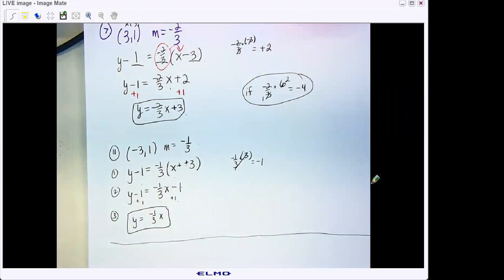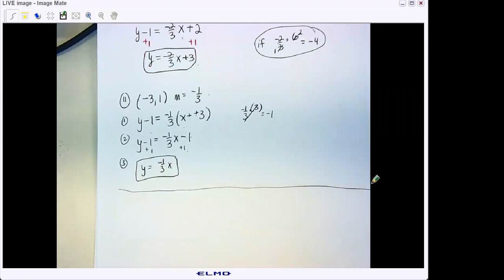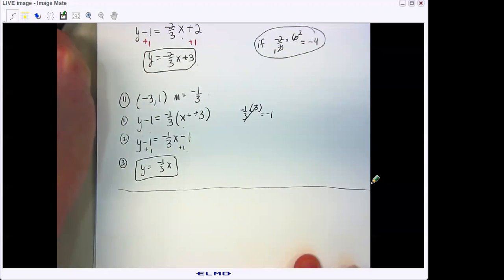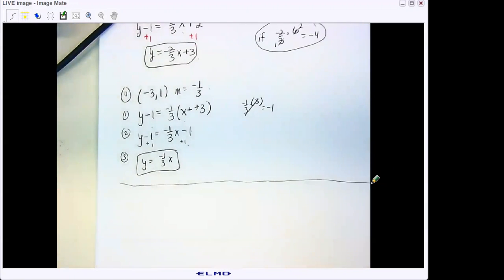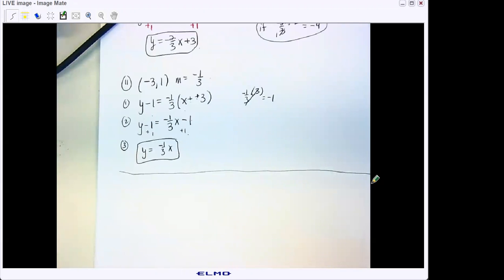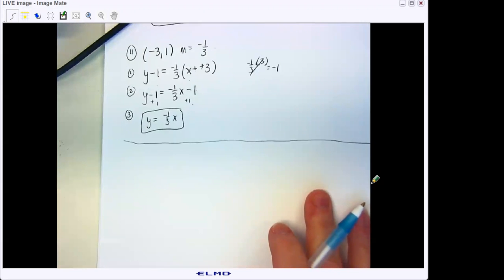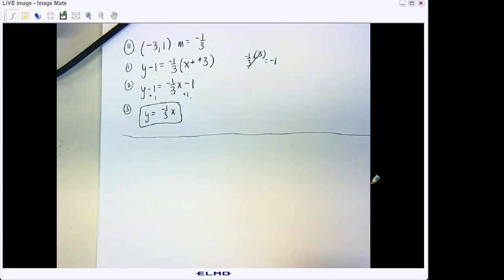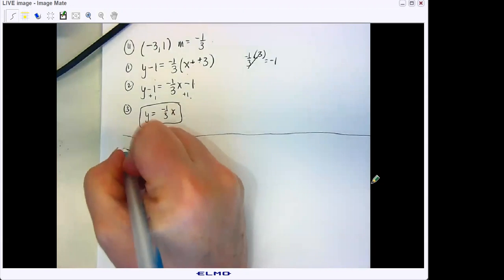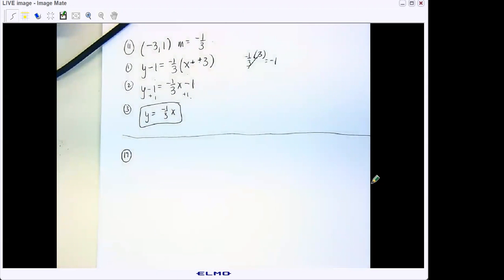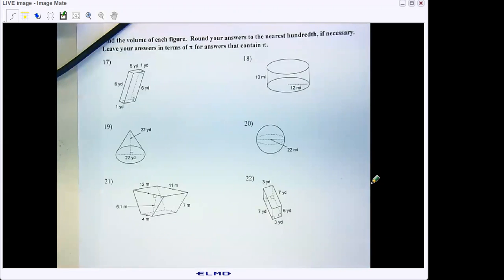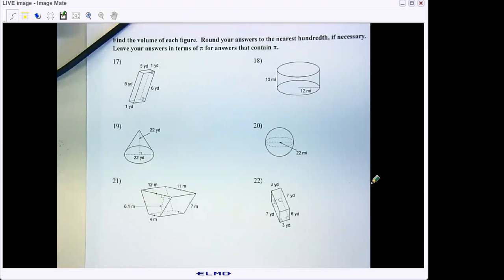So if you're working on something else, pause, please, and let's do these together, because you're going to have a short quiz and it will have some of this on it. So 17, actually, I'm just going to use the worksheet so you can see the pictures better.